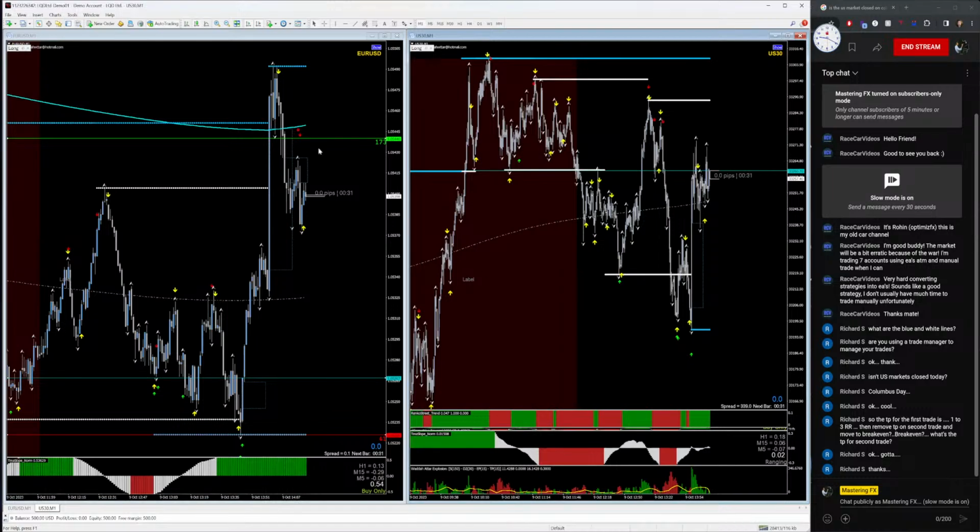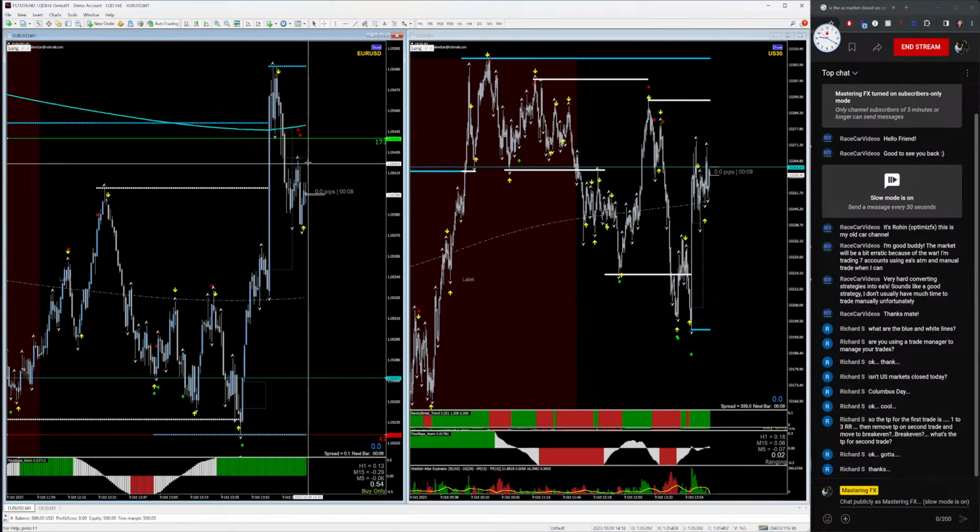Yeah, so you can see here we did have a raid. You gotta give me a few minutes, okay? We had the raid here. We had a break of structure.